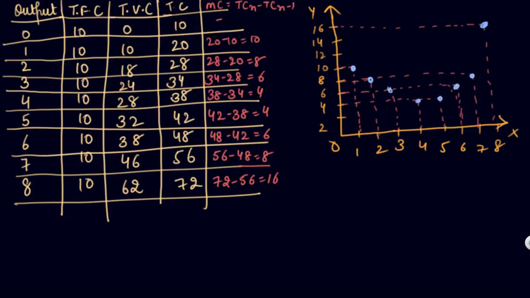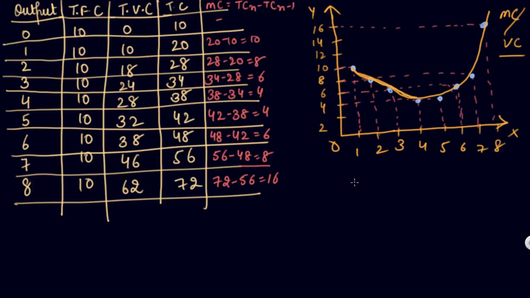So let's join all of these points. We get a marginal cost. So this is the marginal cost curve, which is the U shape, or the variable cost curve. You can call it marginal cost and variable cost.